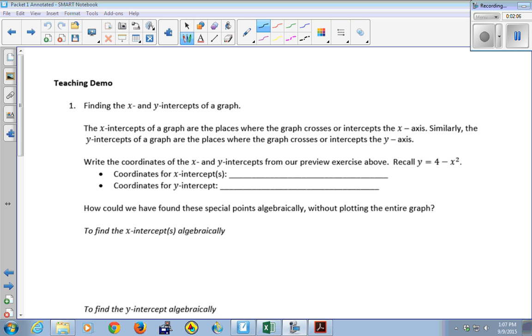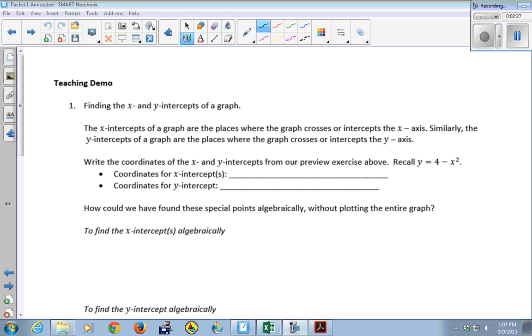So if we look at our preview exercise, y equals 4 minus x squared, and you all graphed it, what are the coordinates for the x-intercepts of that graph? Where does it cross the x-axis? Great.